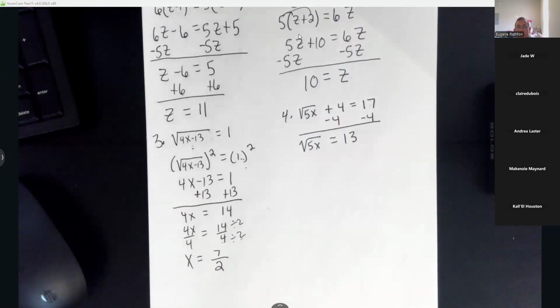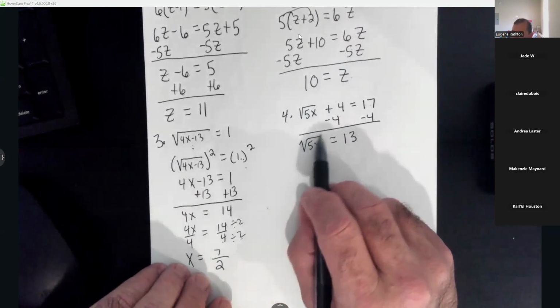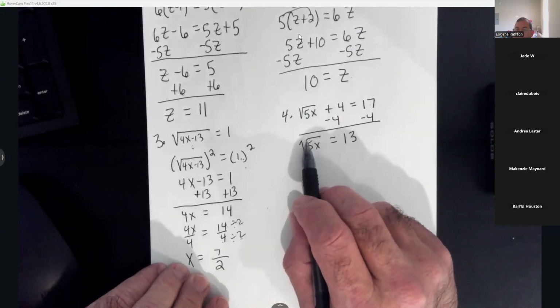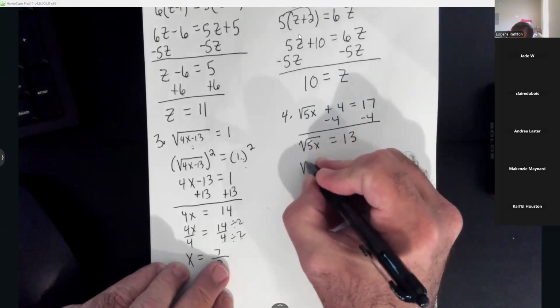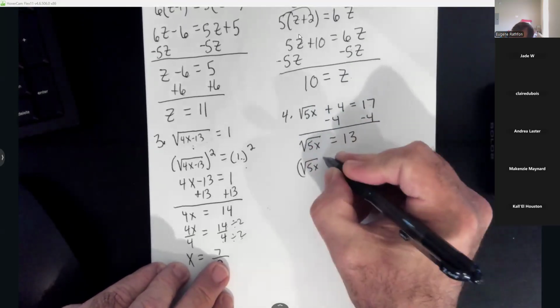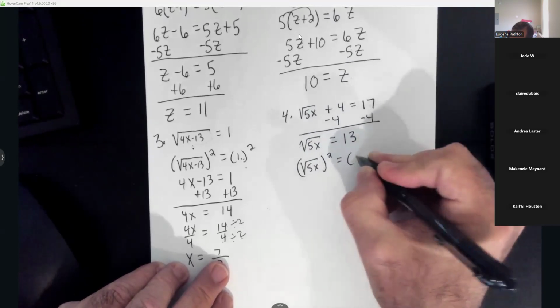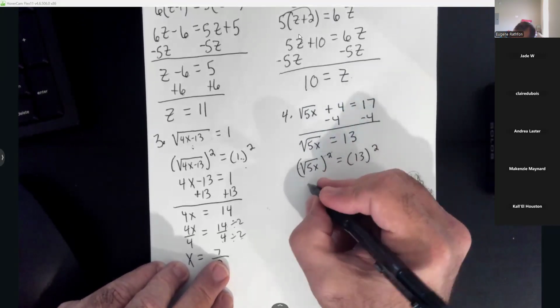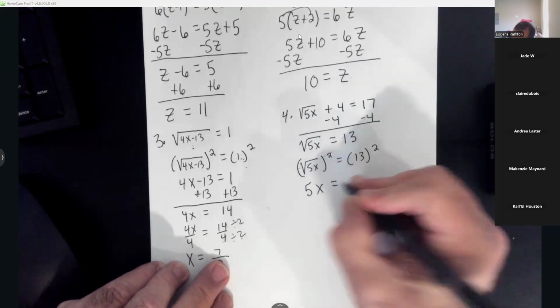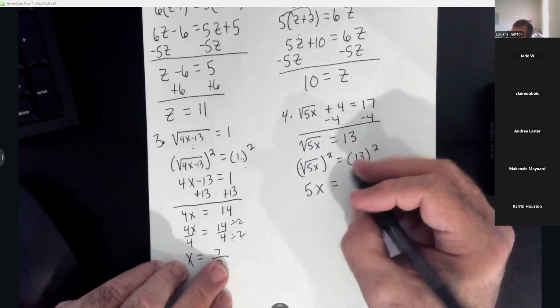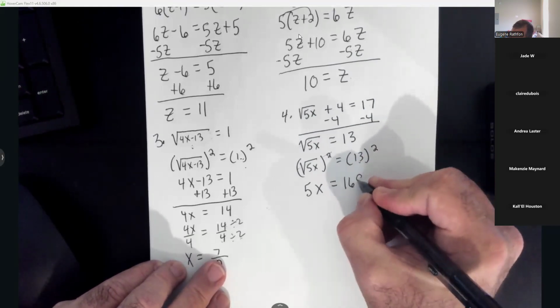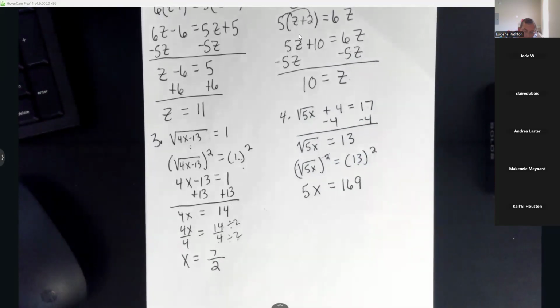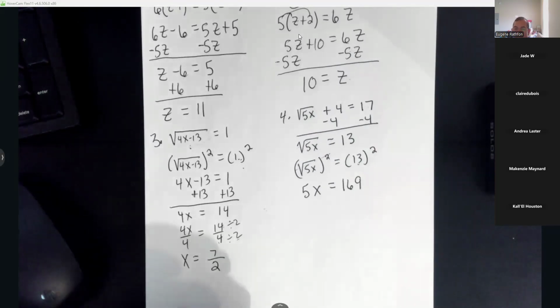All right, so I'm trying to get rid of this radical now. So I got to square both sides. All right, so the radical cancels the exponent, leaving the 5x. 13 times 13 is 169. All right, y'all, my last step.